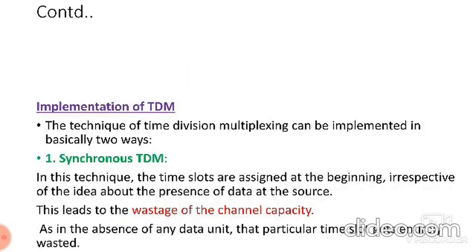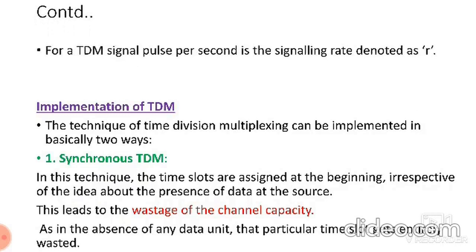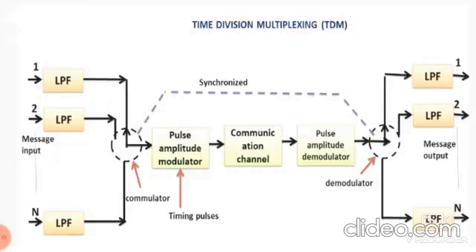The implementation of TDM is of two types, synchronous TDM and asynchronous TDM. Here R is the signaling rate, R is equal to n into Fs, where n is the number of slots used.